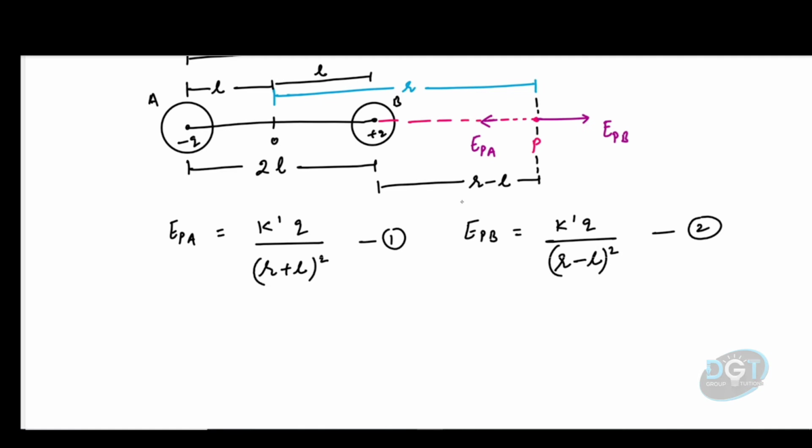Now, to find the resultant electric field at P, since both fields are in opposite directions, the magnitude of the resultant electric field at P would be the subtraction of the two.